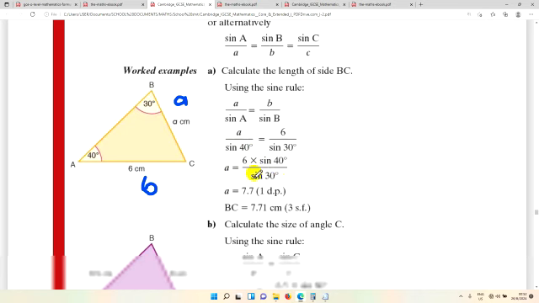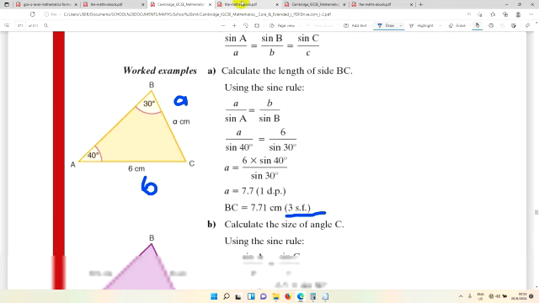If you use your calculator here, you'll get a equals 7.7. According to your paper, for anything like a length, you are supposed to leave it in 3 significant figures, while for angles you leave one decimal place. So our length of BC should be 7.71 centimeters.